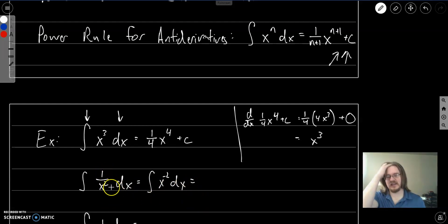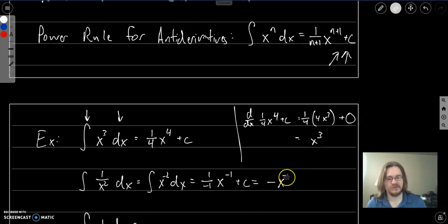Here I've got x to the nth power, so I'll raise it to the 1 bigger power. 1 more than negative 2 is negative 1, and I'll divide by that, and then add c. 1 divided by negative 1 is just negative 1, and negative 1 times anything is just adding a negative sign.